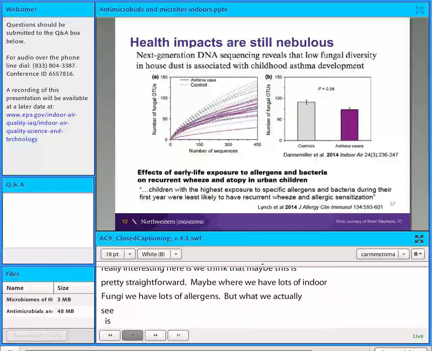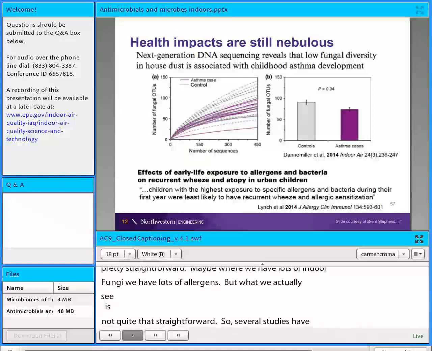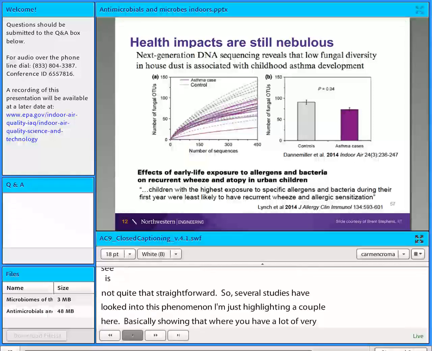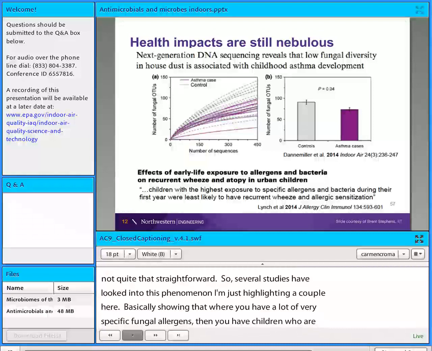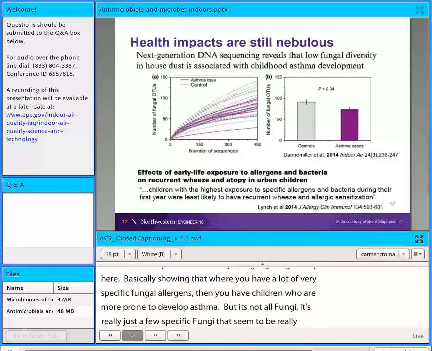Several studies have looked into this phenomenon, and I'm just highlighting a couple here, basically showing that where you have a lot of a very specific fungal allergen, then you have children who are more prone to develop asthma. But it's not all fungi. It's really just a few specific fungi that seem to be really contributing to these downstream health impacts.